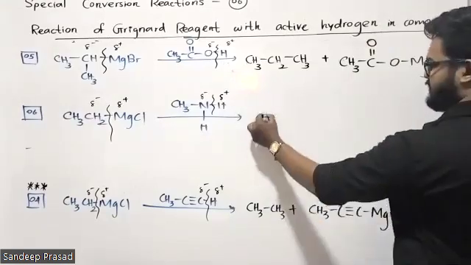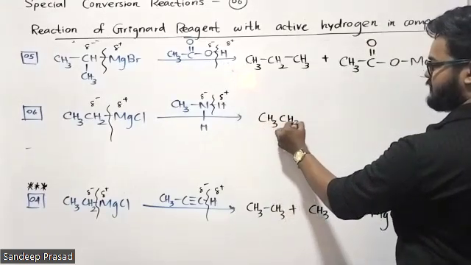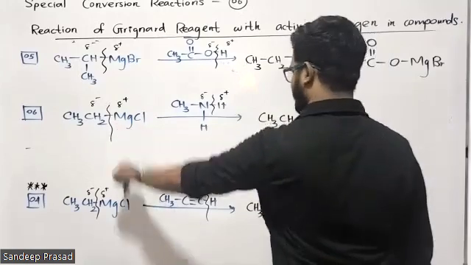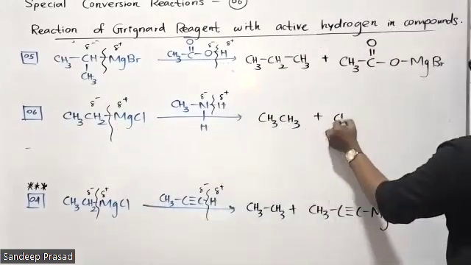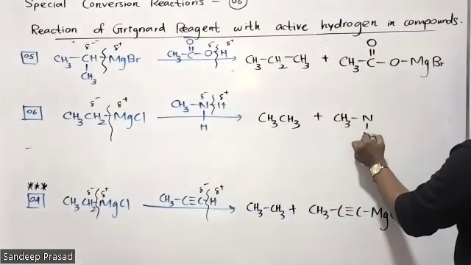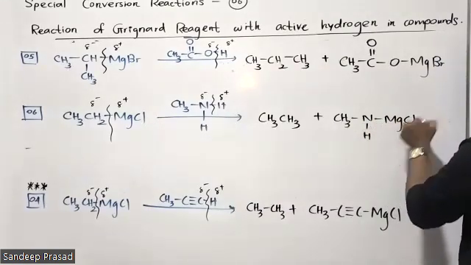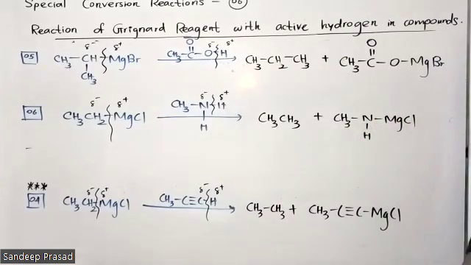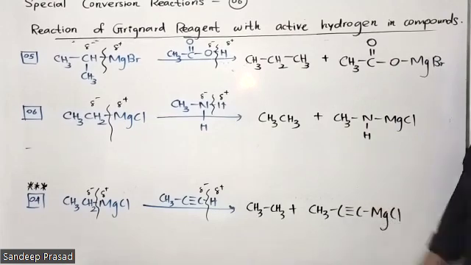Then the product, CH3CH3. This hydrogen is connected to the alkyl group, plus CH3NHMgCl. Okay, so this is the 6th one. That's all.